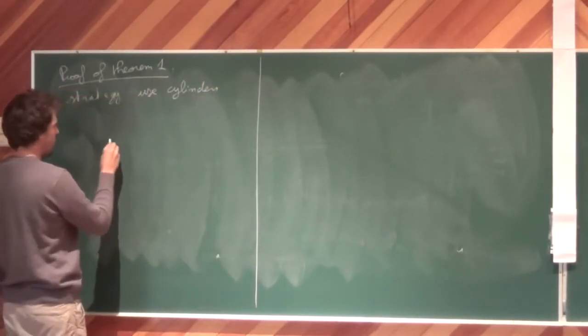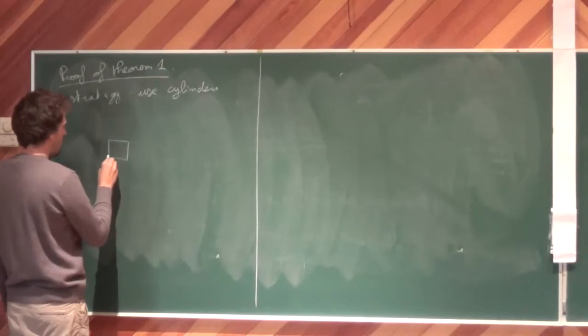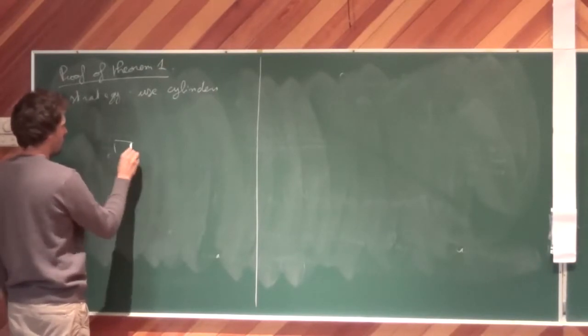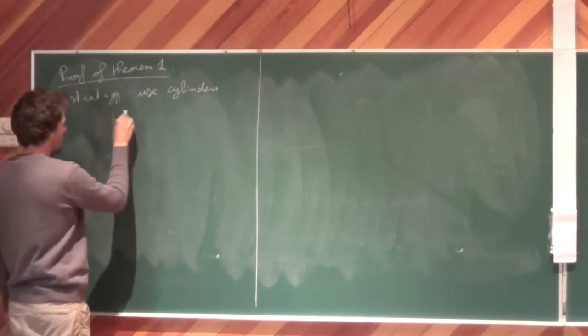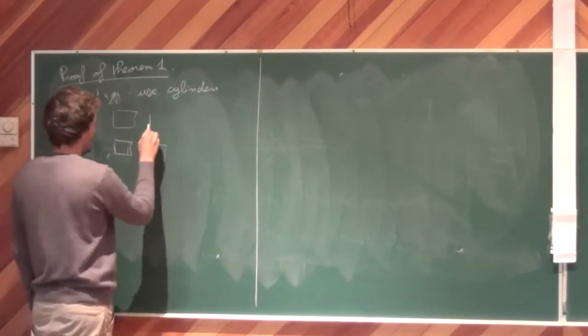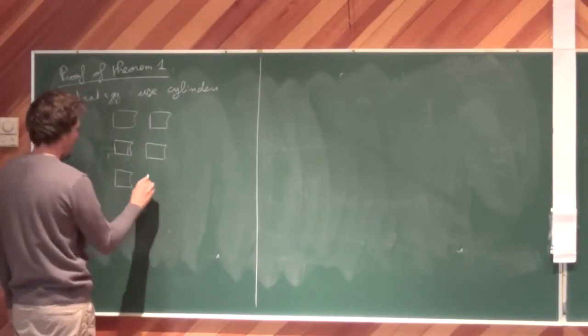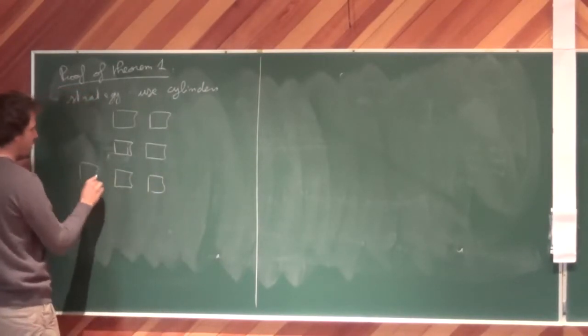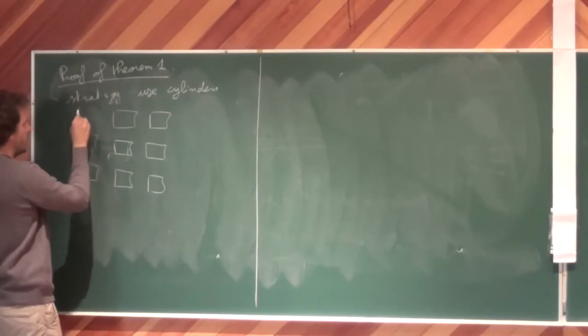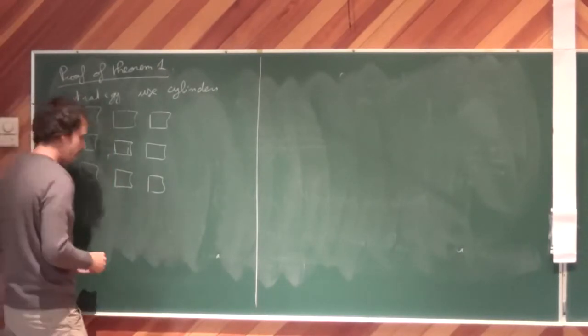So one good example of what a cylinder is: I do the picture in the billiard, but you have to think of it in the unfolding of it.